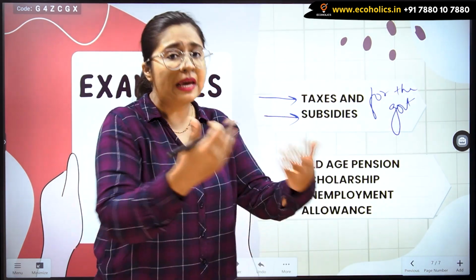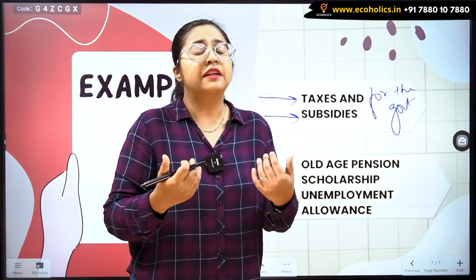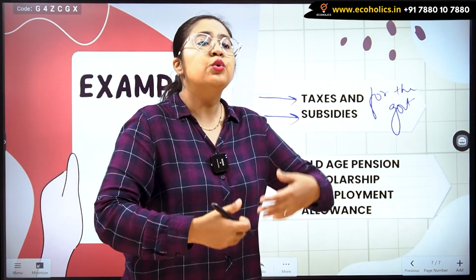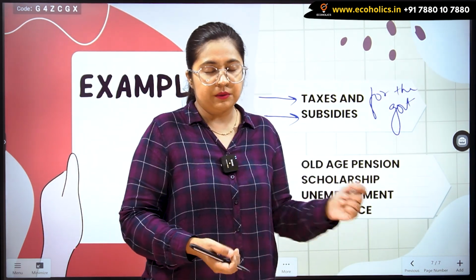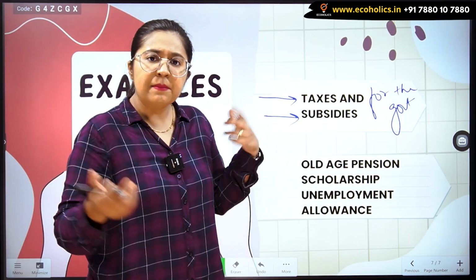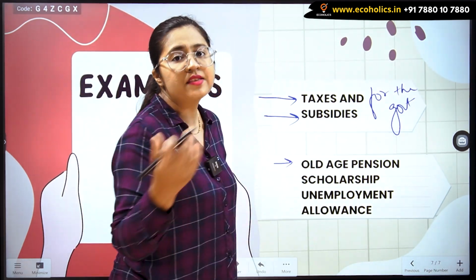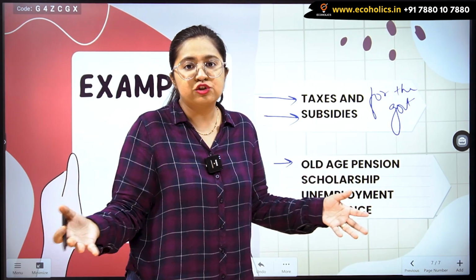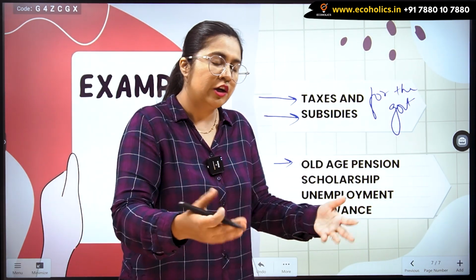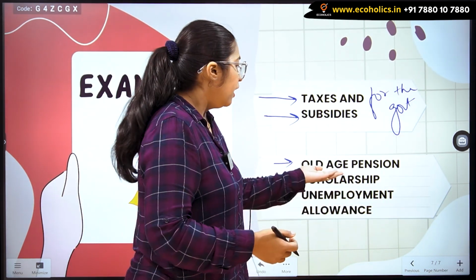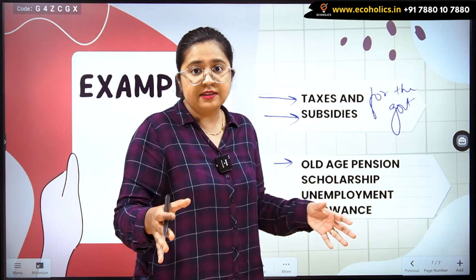Subsidies are technically payments, so they are transfer payments towards different people. Taking some examples, we have old age pension, which is distributed by the government to individuals for their old age sustenance.